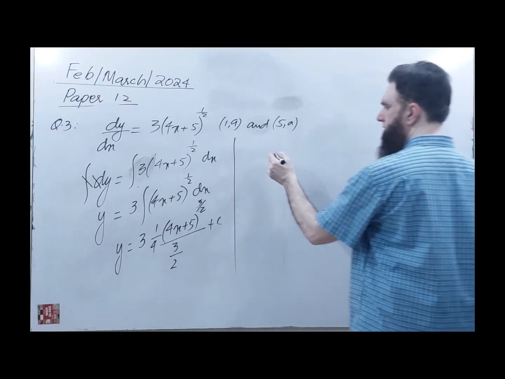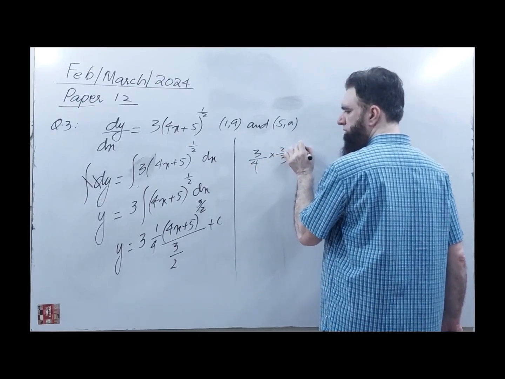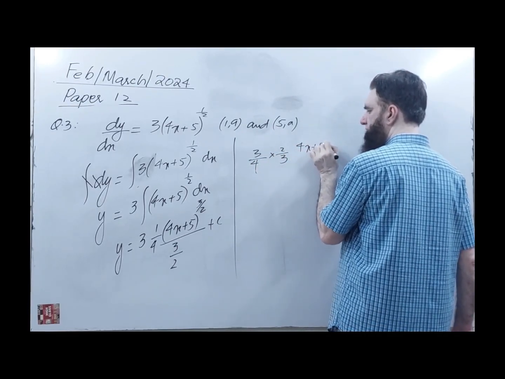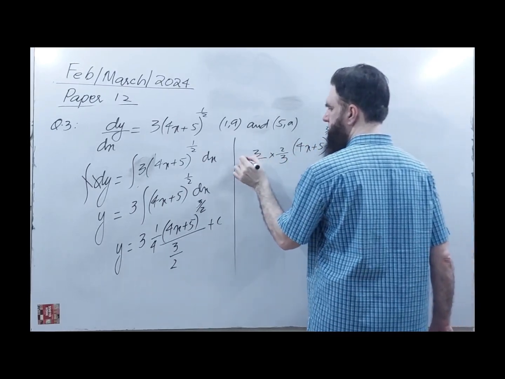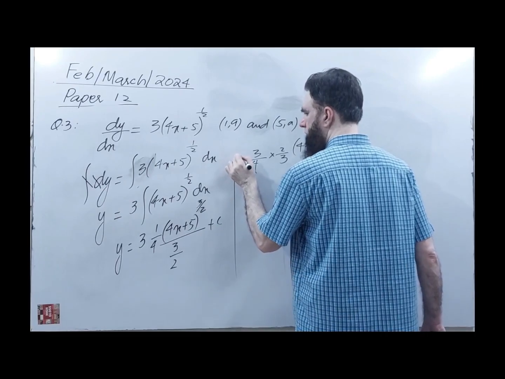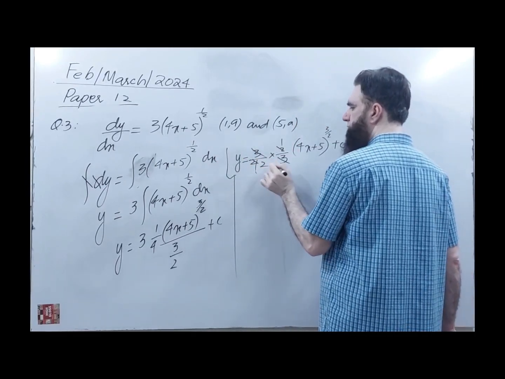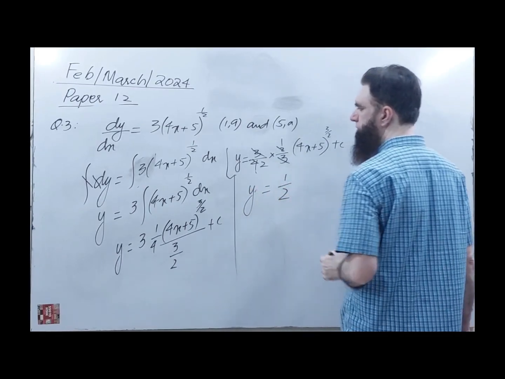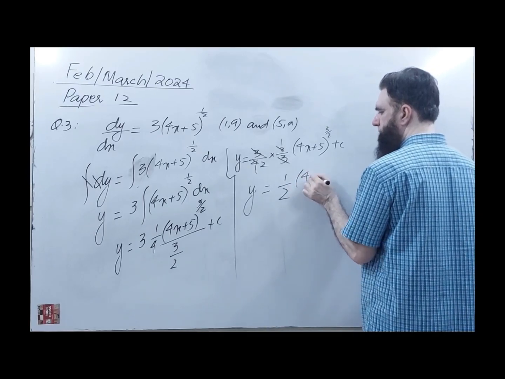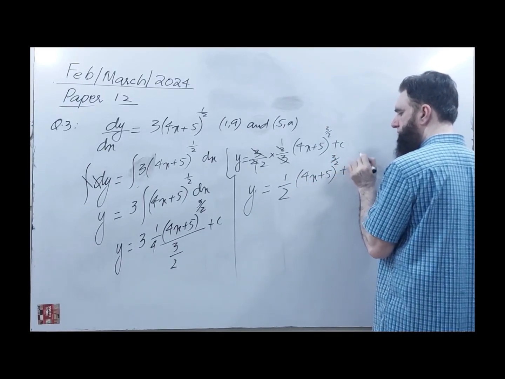So if we simplify this, this is 3 by 4, this is 2 by 3, (4x plus 5) power 3 by 2 plus c is equal to y. This is y. So 3 goes out, 2 ones are 2, 2 twos are 2. So the equation is y is equal to 1 upon 2 (4x plus 5) whole power 3 by 2 plus c.